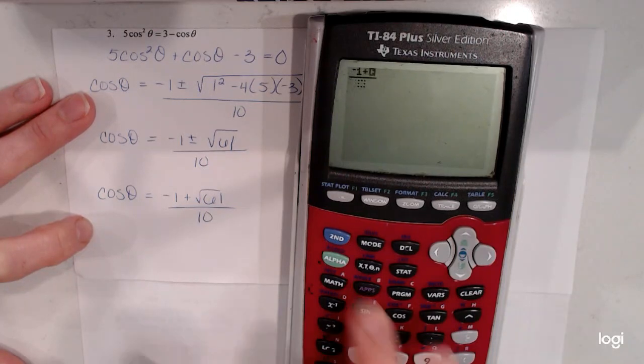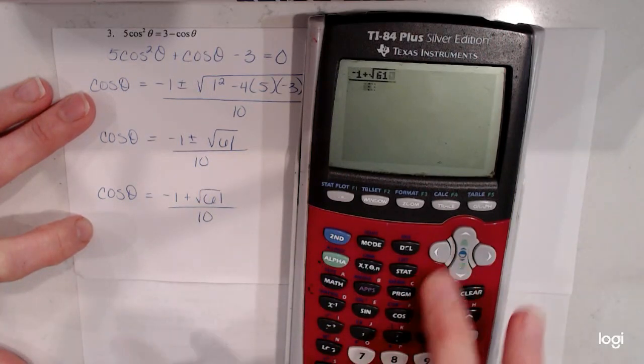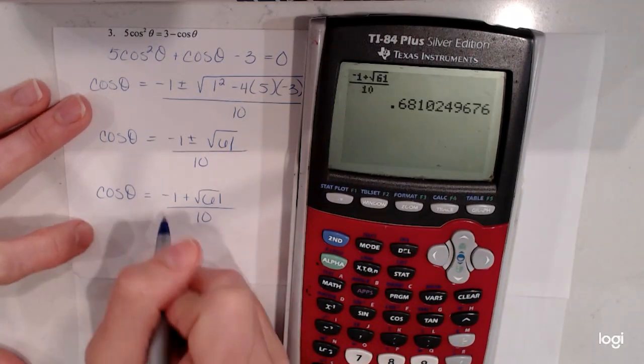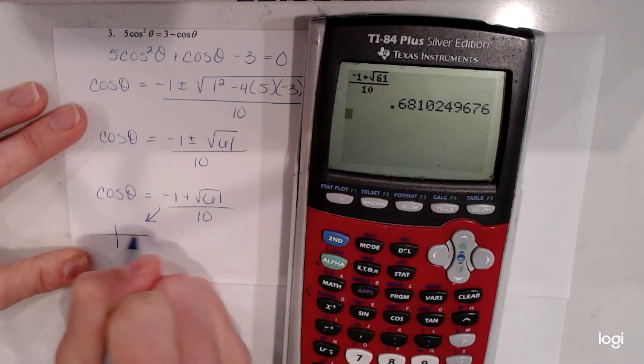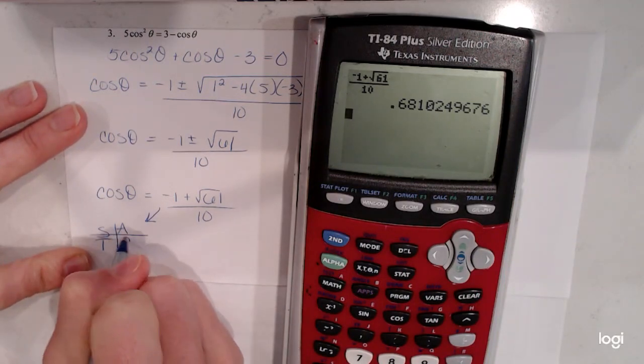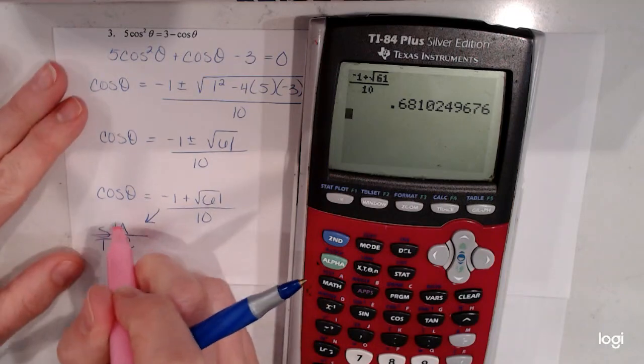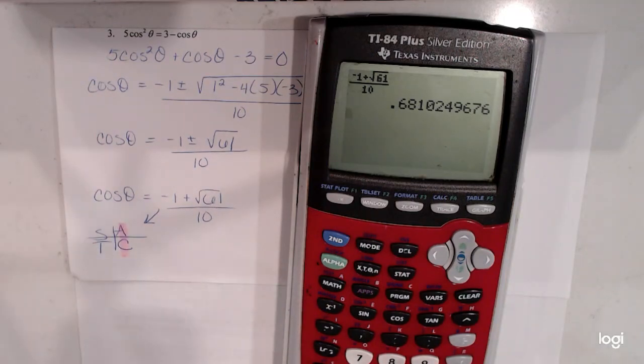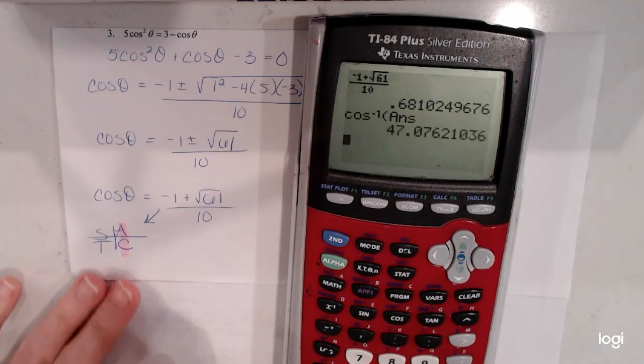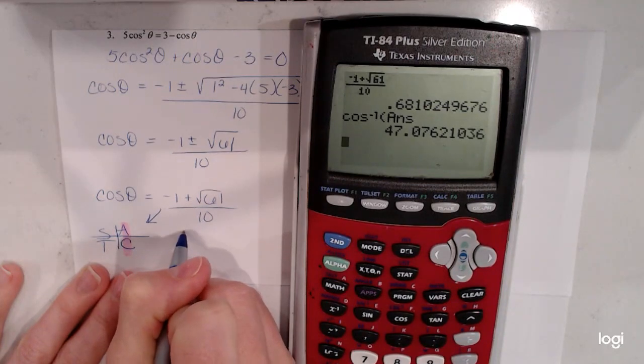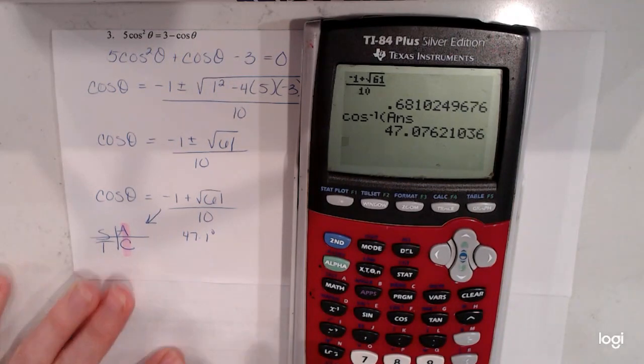So negative 1 plus the square root of 61 all over 10. That tells us it's positive. So cosine is positive in 1 and 4. And the angle to the nearest tenth is 47.1 degrees.